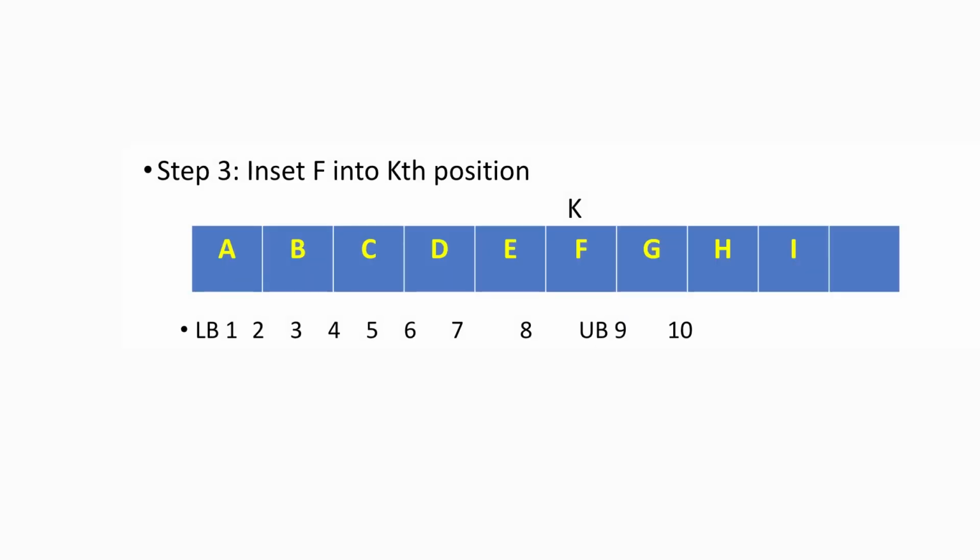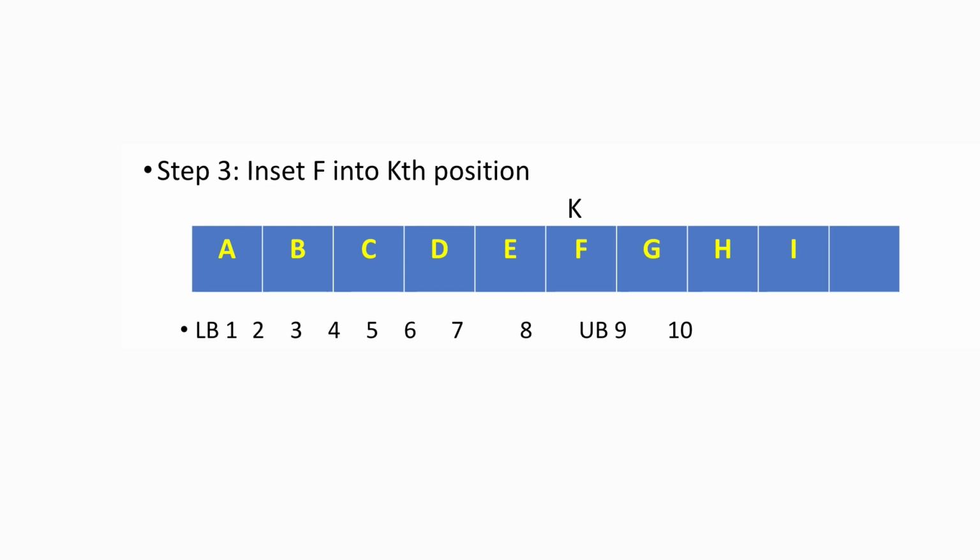In this diagram we can understand this. After inserting f at the kth position, the remaining data is as it is. The difference is that before inserting, g was holding the 6th position, and now g is holding the 7th position.